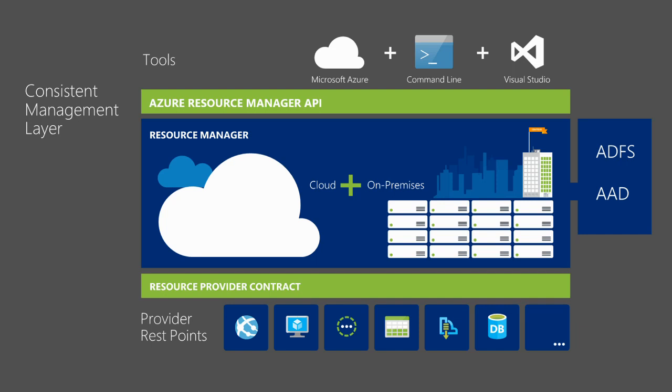Now, we authenticate and authorize these requests using JSON Web Tokens, or JWTs. These are provided by Azure Active Directory or ADFS. We then take these requests and route them to all of the services that you guys know and hopefully love. Websites, databases, virtual machines, virtual networks, storage, so on and so forth.